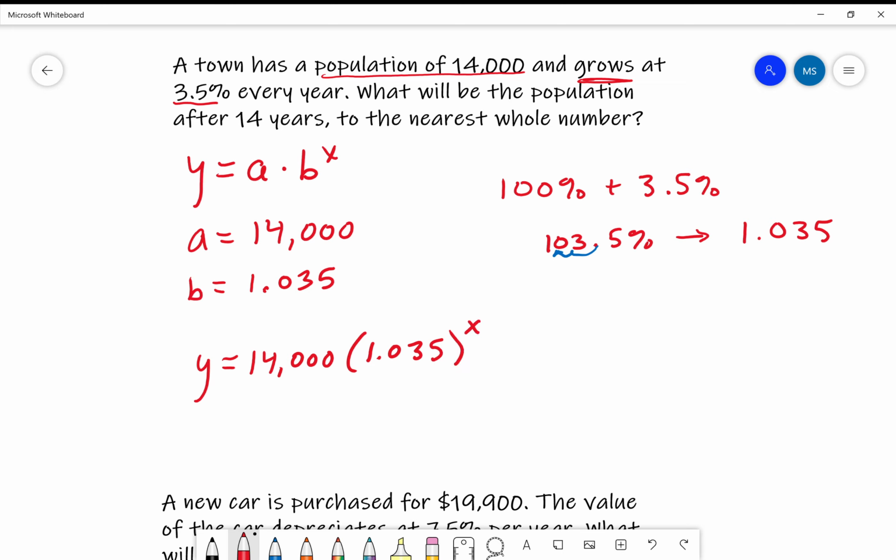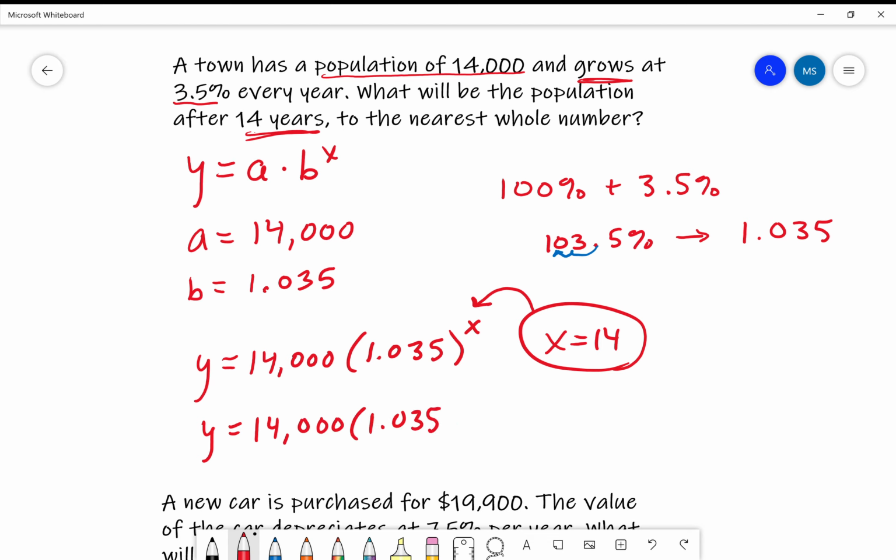Now that doesn't answer the question because they want to know what the population will be after 14 years. Well, population is the y. We want to know what the y is going to be after an x of 14 is plugged in. So we want to plug that 14 directly into our function. If we type that into the calculator, that gives us about 22,661.72.